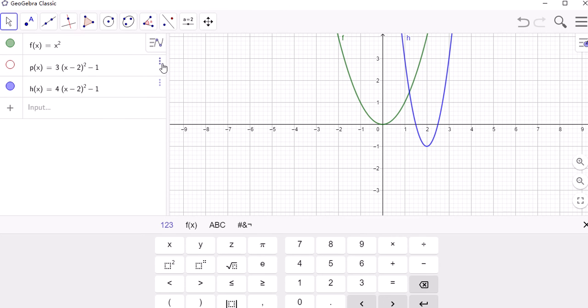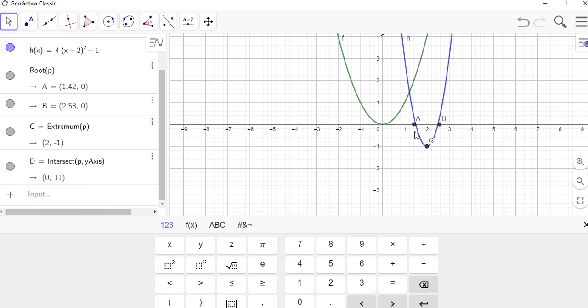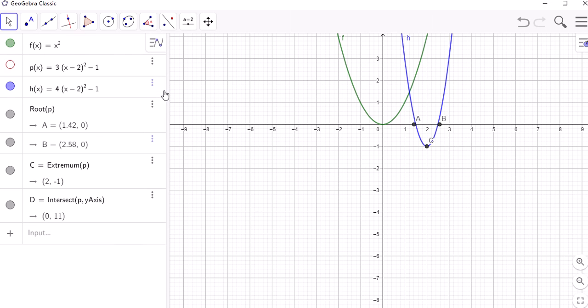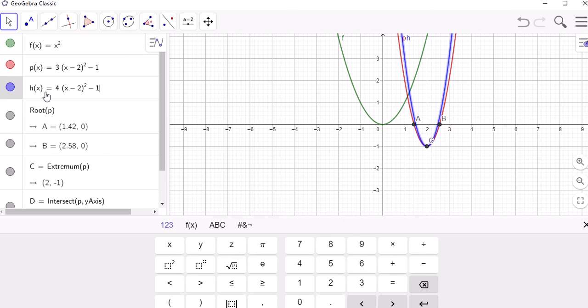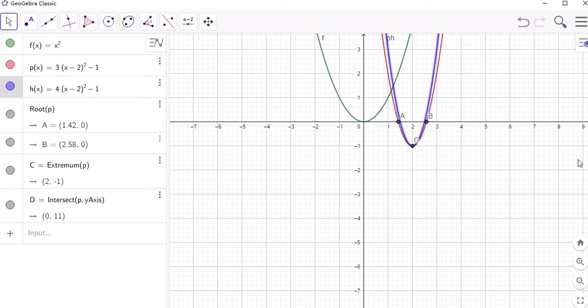And then we click here to check the special points, that means critical points, for p(x), and get A and B. For the red one, p(x), A and B are the zero points, that means the roots.